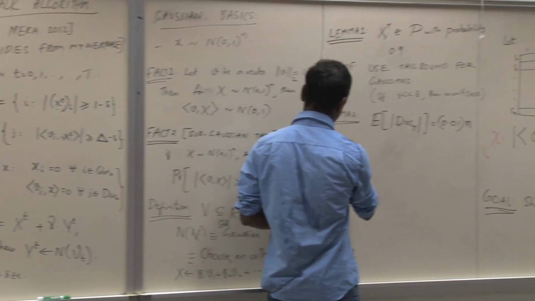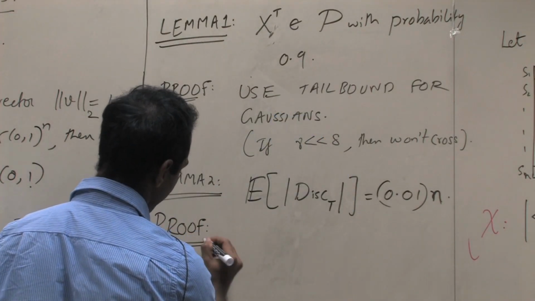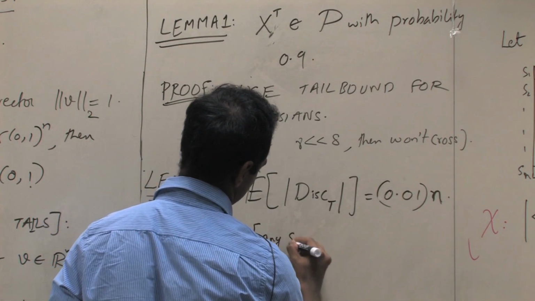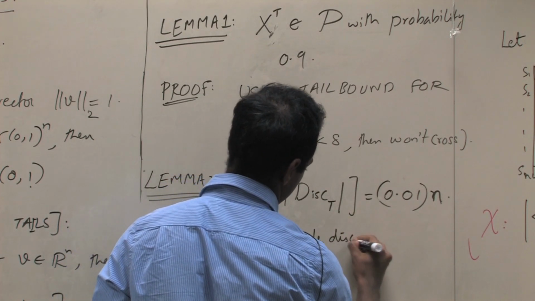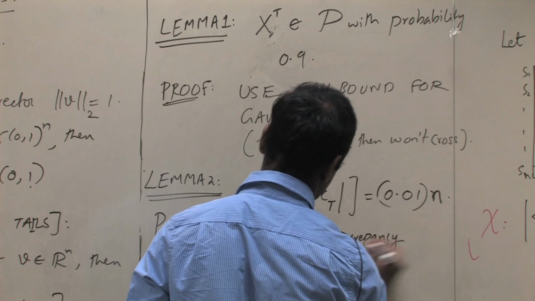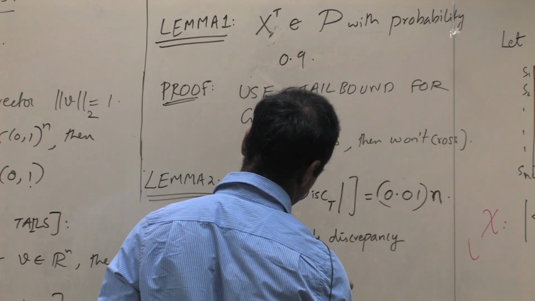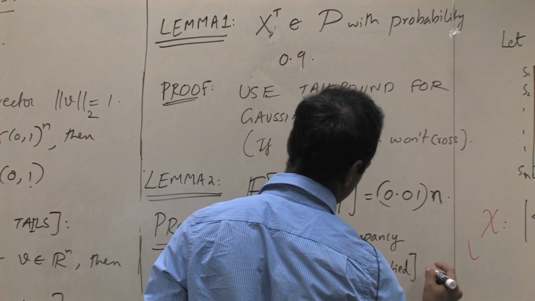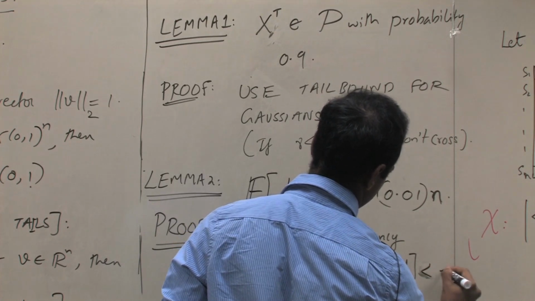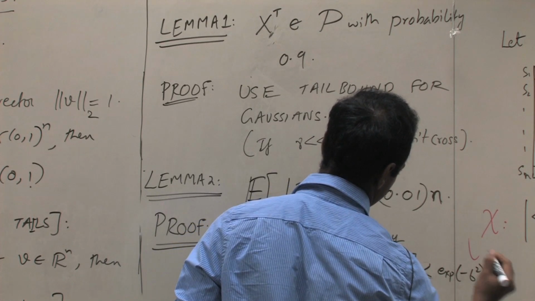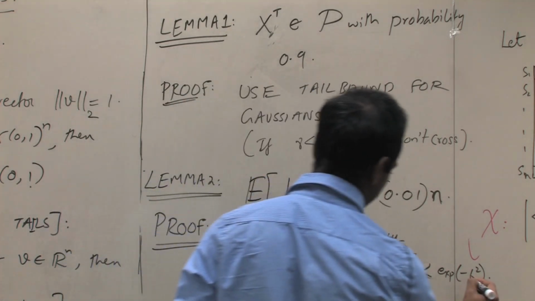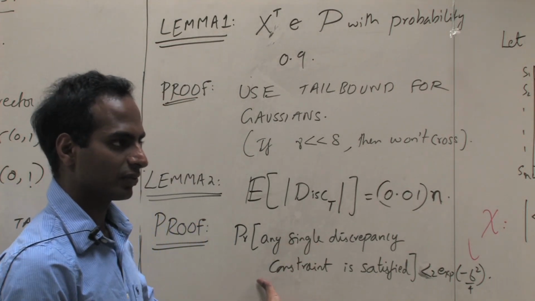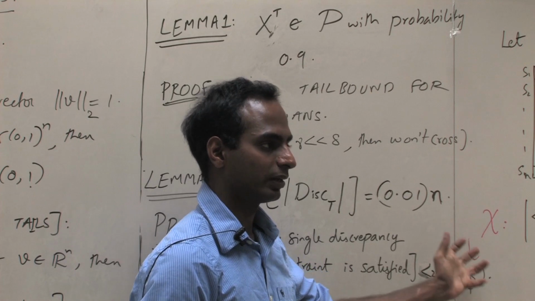The proof, once again, I'm not going to go into the details, but the probability that any single discrepancy constraint is satisfied is tiny, it's exponential in minus 6 squared.